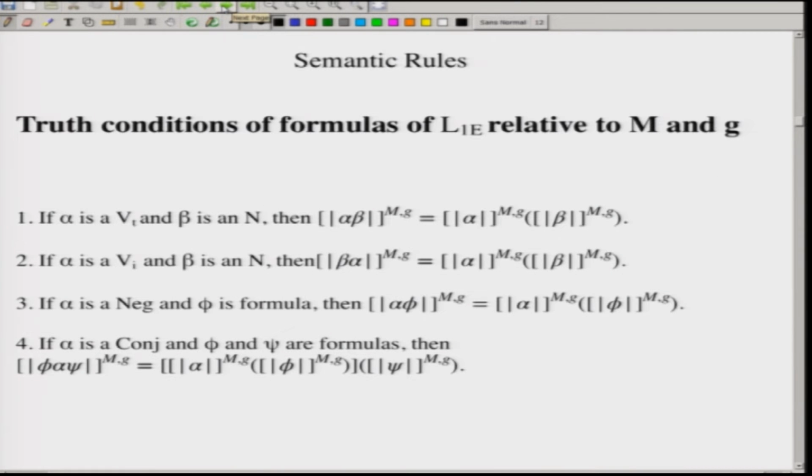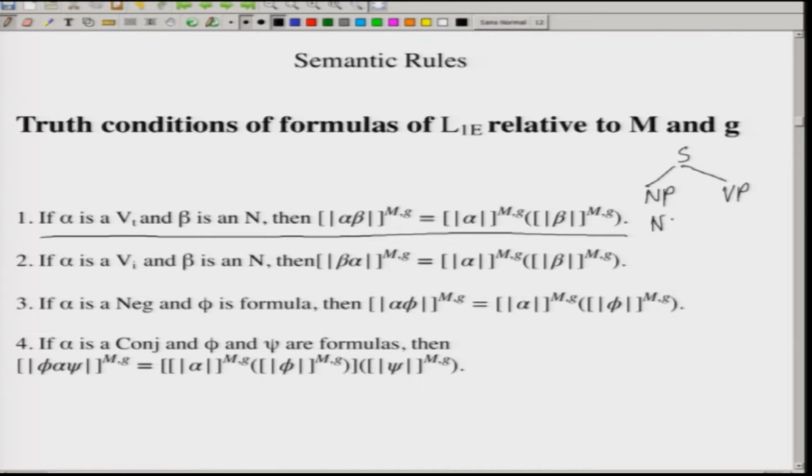We just need to revise the semantic rules once. This is about any structure where, if we remember, S goes to NP and VP, or S goes to NP and VI, whichever way you want to read this.